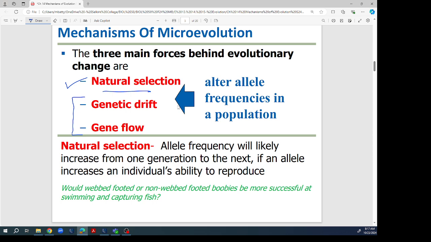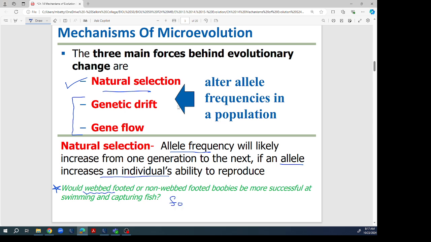So natural selection changes the allele frequency from one generation to the next if that genetic coding increases the individual's ability to reproduce. And so again, it's from one generation to another. And as an example, going back to the blue-footed boobies, a webbed-footed booby would be better at capturing fish.